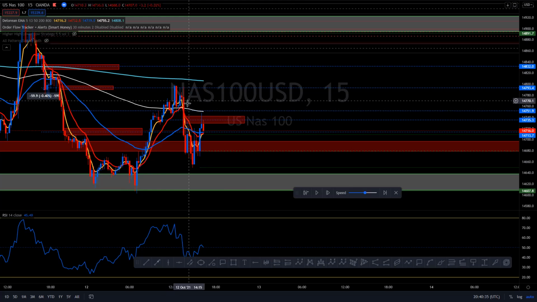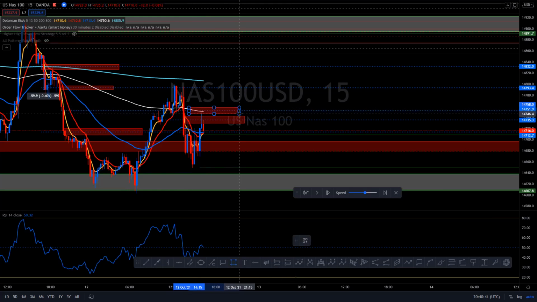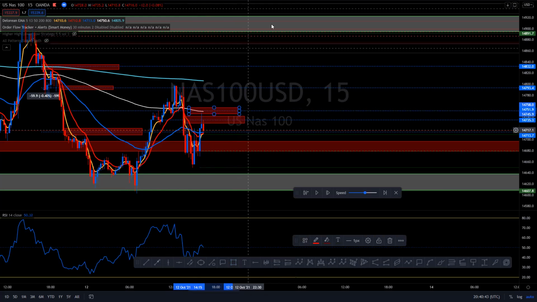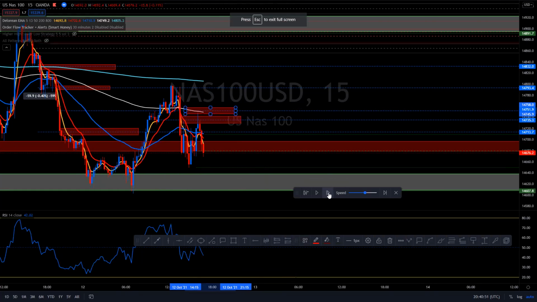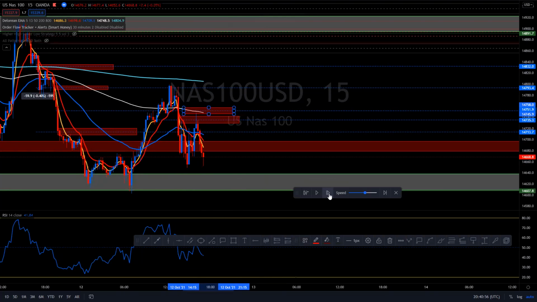Okay? Because this was another imbalance area. So let's draw that. All right? So now you see what I'm talking about. So we won multiple trades just understanding this. They drop price again.